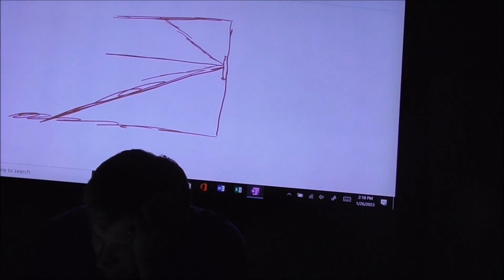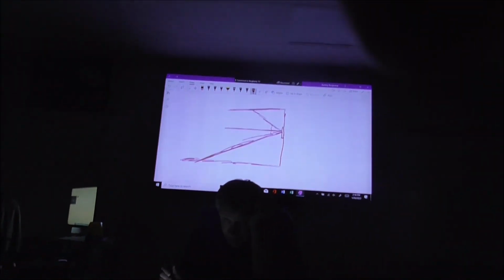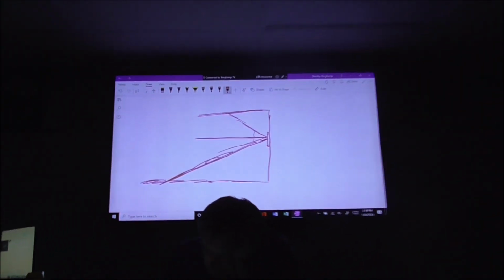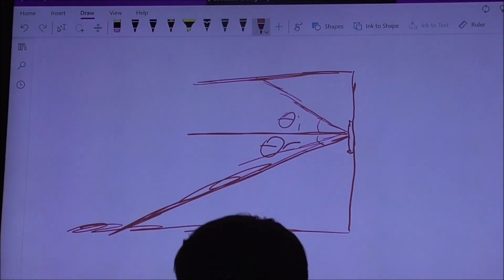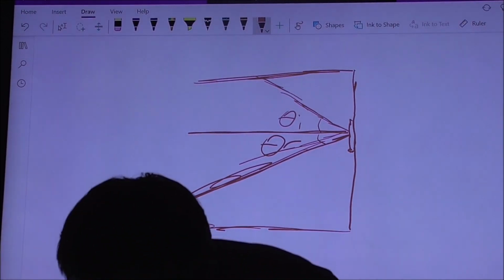Now, what do you know about these two angles? The angle of incidence has to equal the angle of reflection.